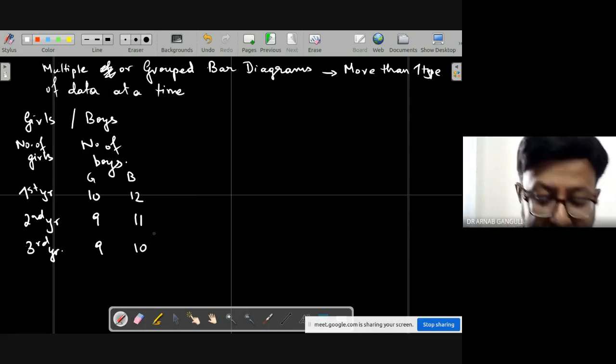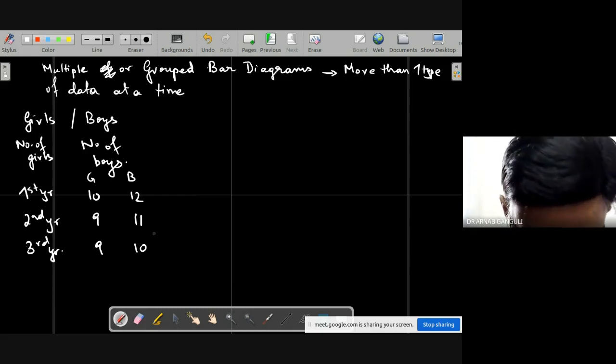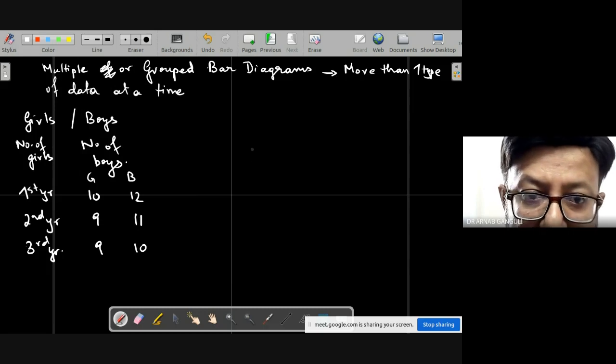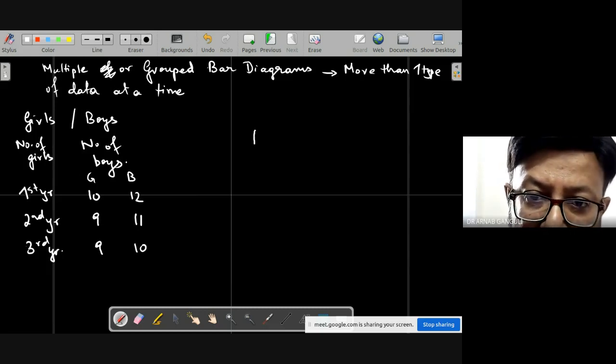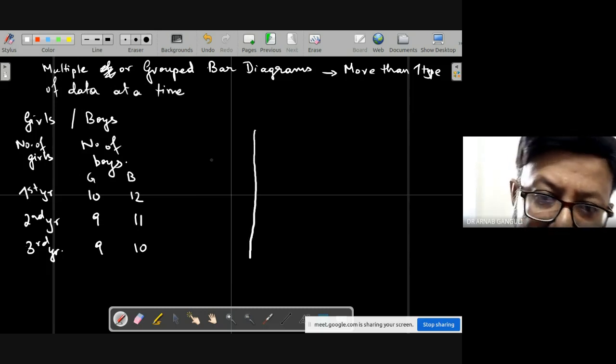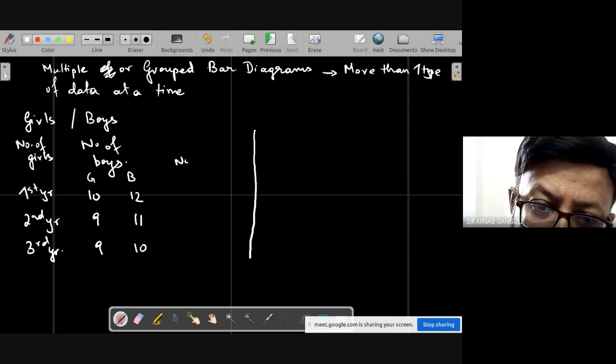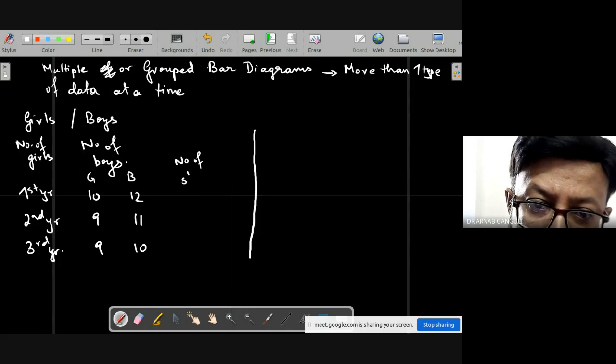How will you draw this? Here on the y-axis, number of students.